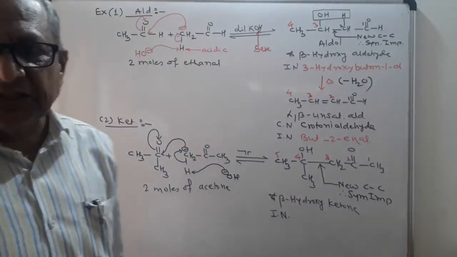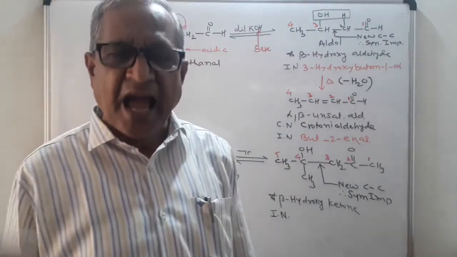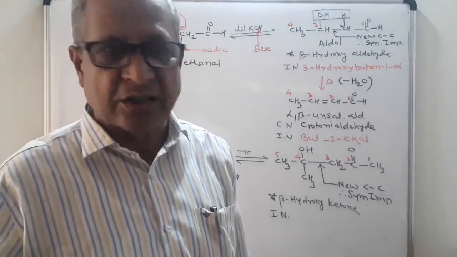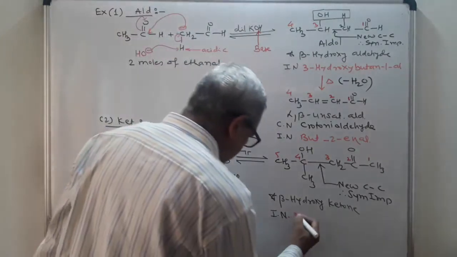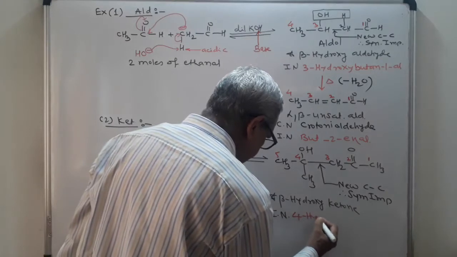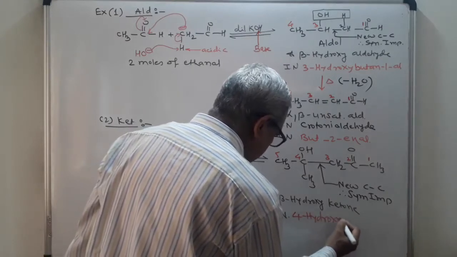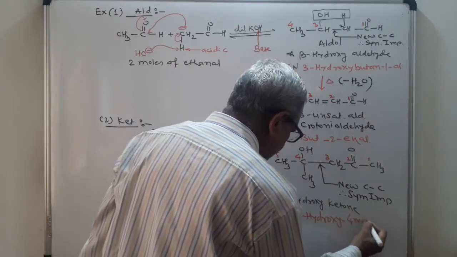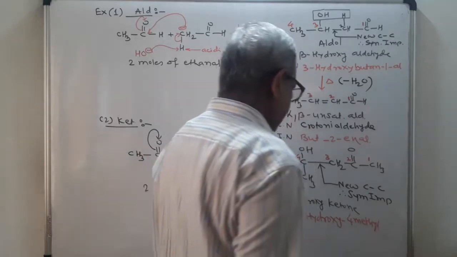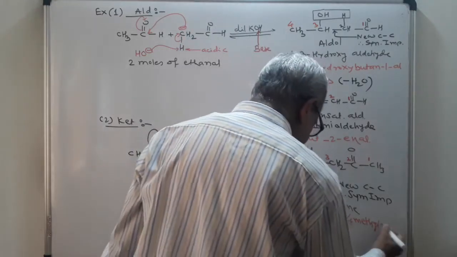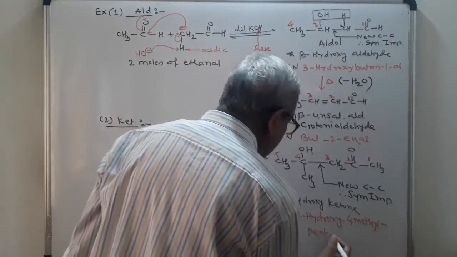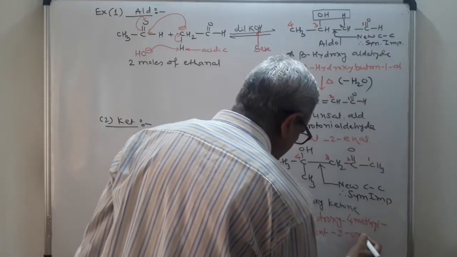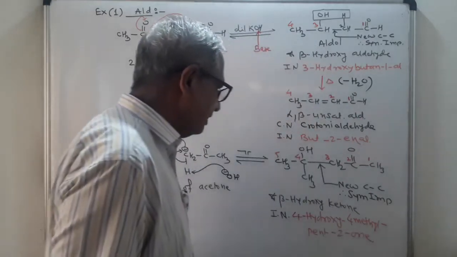You have to arrange these two substituents as per the alphabetical order. So the name will become 4-hydroxy-4-methylpentan-2-one. So this is the IUPAC name.